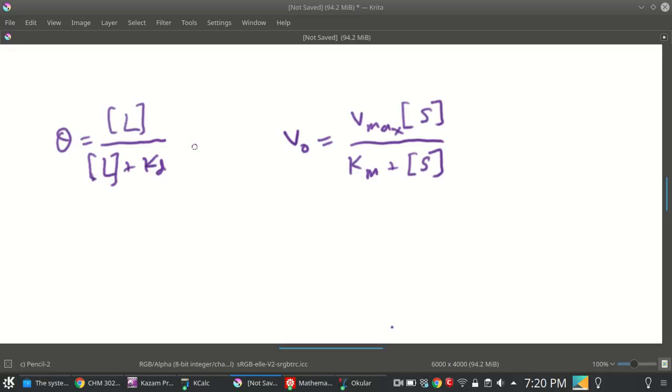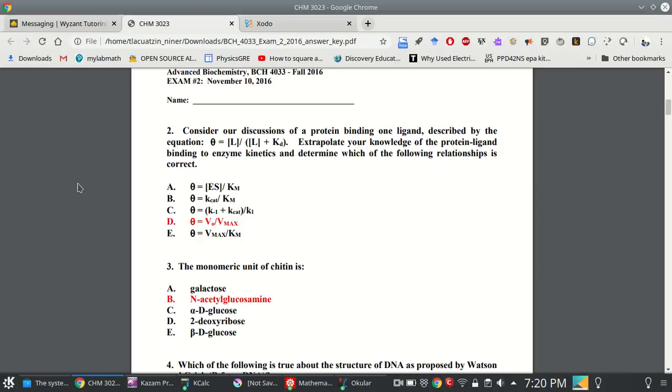So they want you to compare these two, and what do they want? Oh yeah, they want you to get theta in terms of Michaelis-Menten factors and terms. So they want theta to be written in terms of enzyme kinetics quantities.